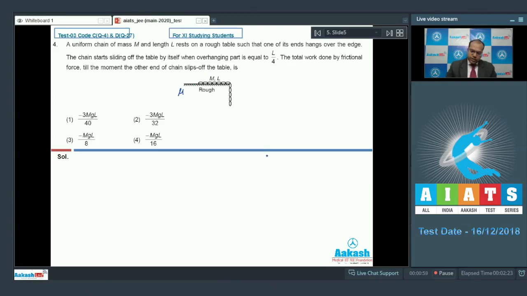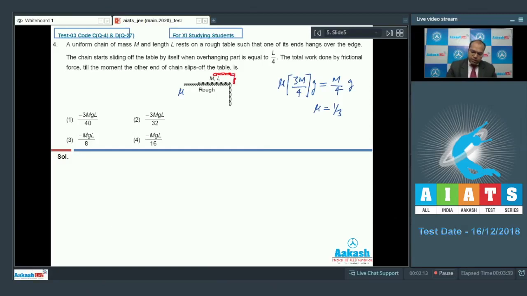So we can write the limiting value of the friction at that instant as mu into 3m by 4 into g. This is the value of friction which is acting on the chain, that is equal to m by 4 into g. So from here the value of mu comes out to be 1 by 3. Now we have to calculate the total work done by the frictional force.